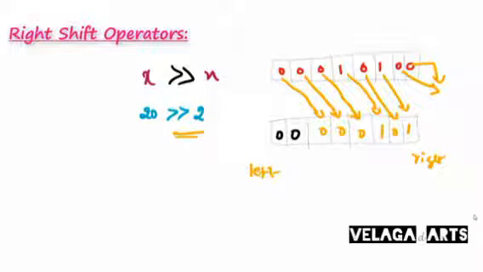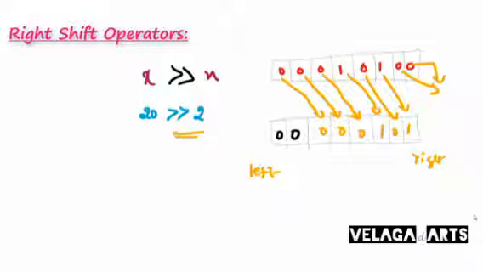If you are using unsigned values, then only at the left side you need to fill the empty places with the zeros. If you are using this bitwise shift operator with signed values, then the result is implementation dependent.